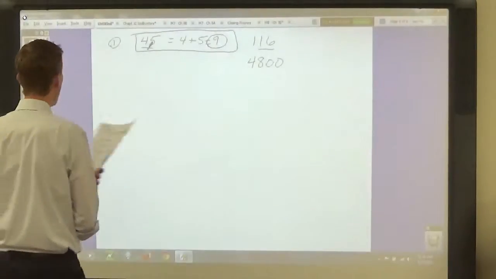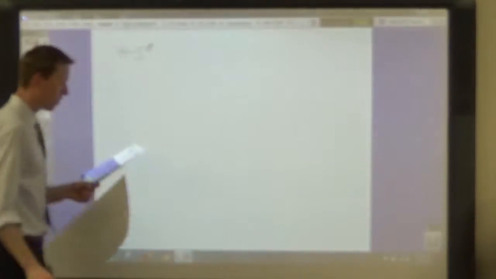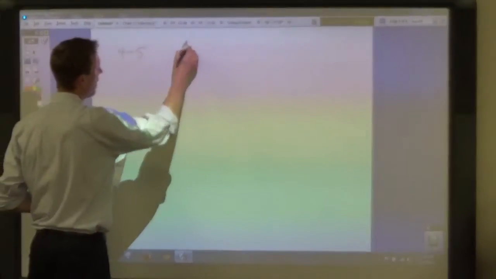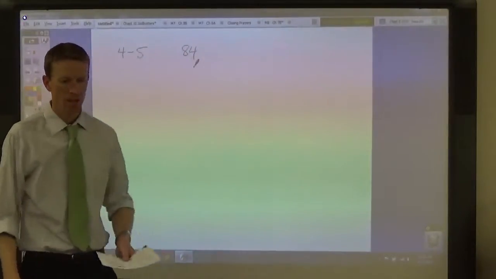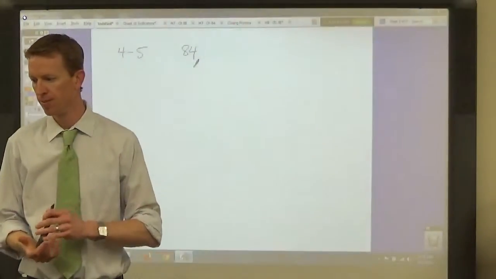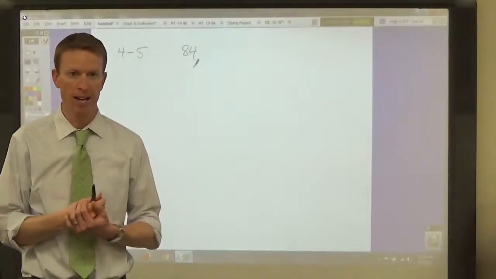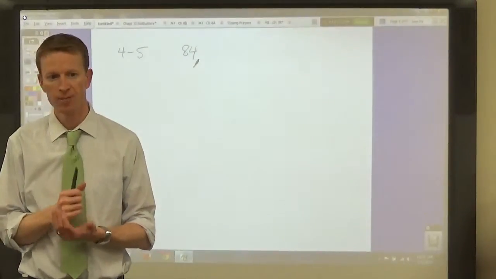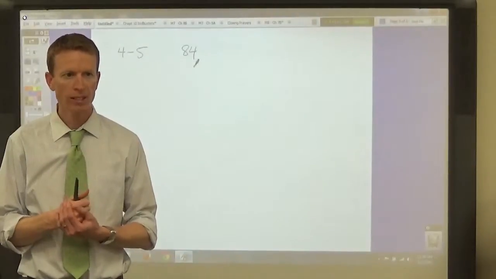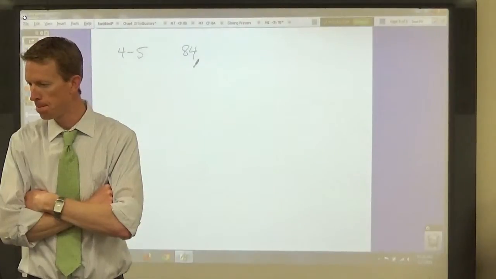Let's go on to 4 and 5. In 4 and 5, you're asked about the factor tree and to write the prime factorization. Let's take a number like 84. Prime factorization is to write it using its prime numbers. So, what is 84 divisible by? That's where we need to start. Adam? 4.